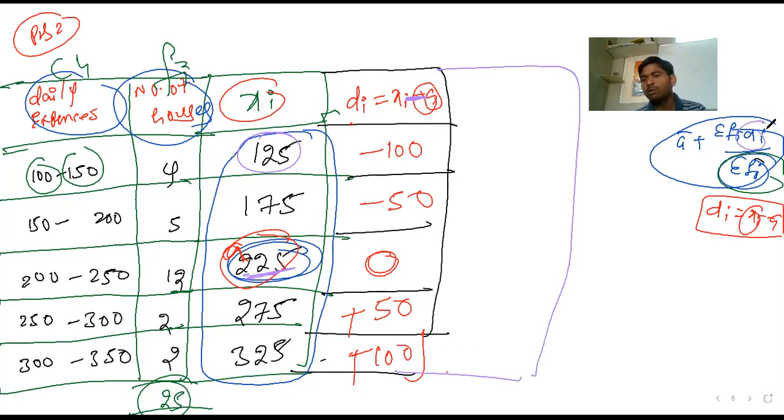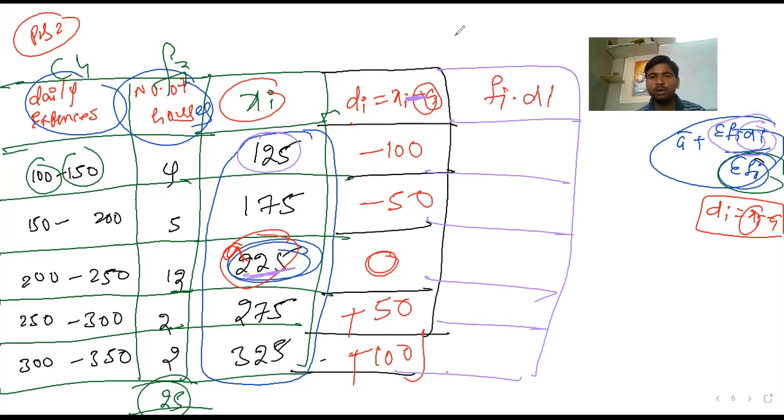Next, what do you need to do? Di you got. Now how to do fi into di. So next you should make another extension block. That block is called the fi into di block. Please start multiplying fi into di. What is fi? This is fi. What is di? This is di. Let me change the marker color.